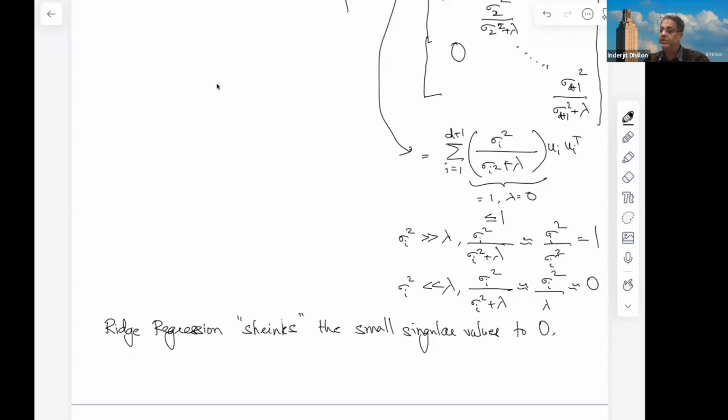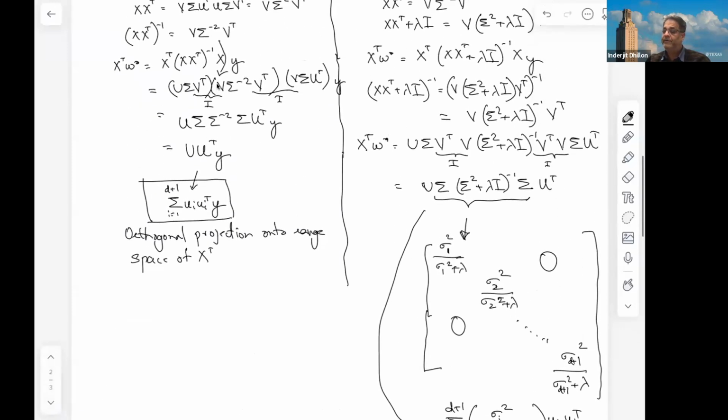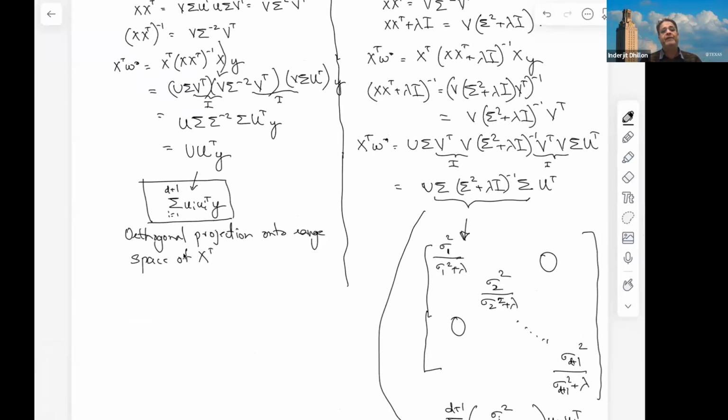Okay, so just to repeat the difference, what ends up happening over here is you have this matrix X transpose. It has d plus 1 singular values, and they can vary in magnitude. The first singular value can be much larger than the d plus 1 singular value. In particular, if X transpose is not full rank, suppose the features are identical, right?